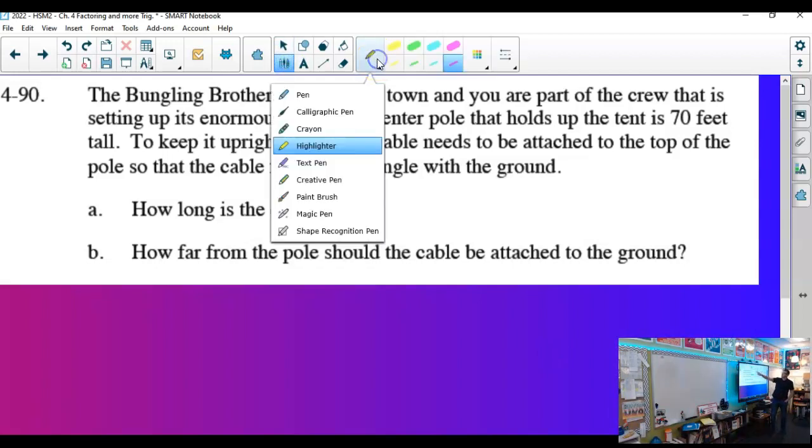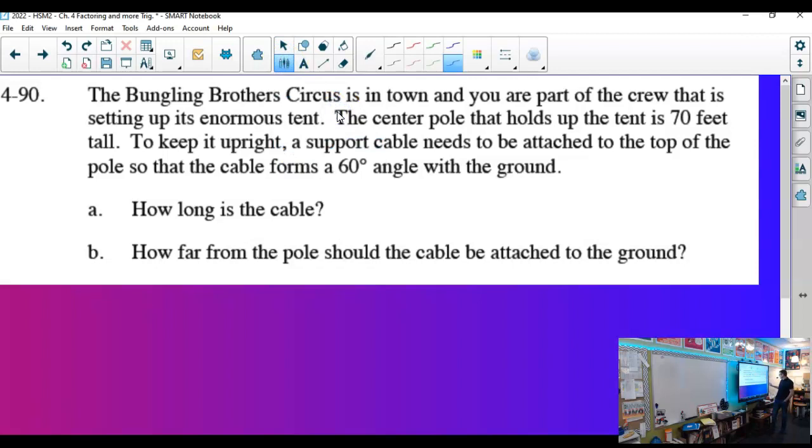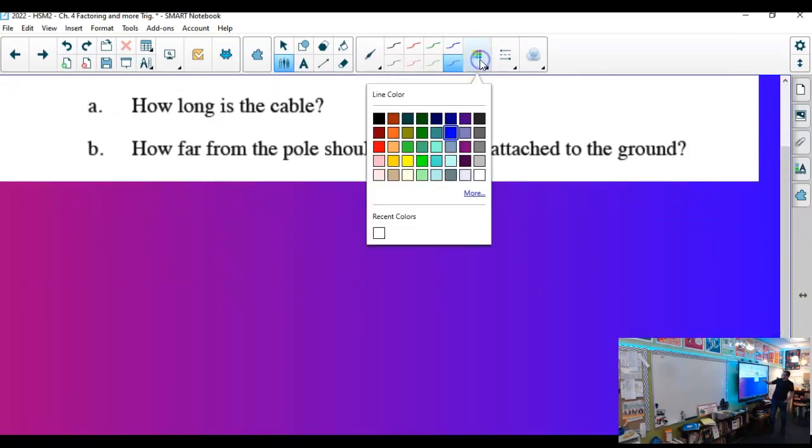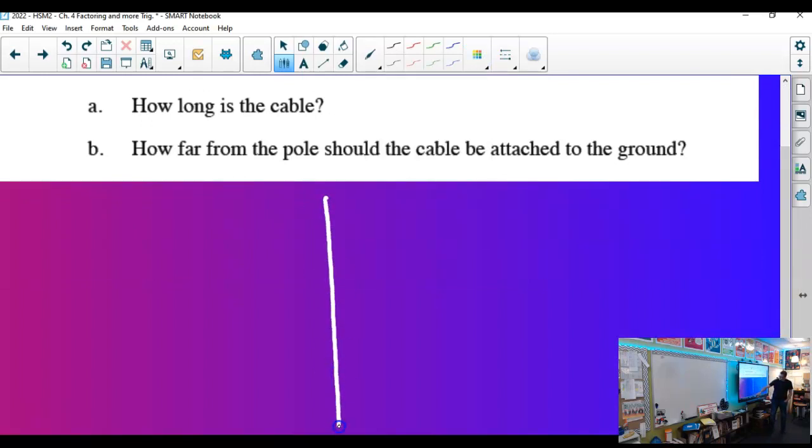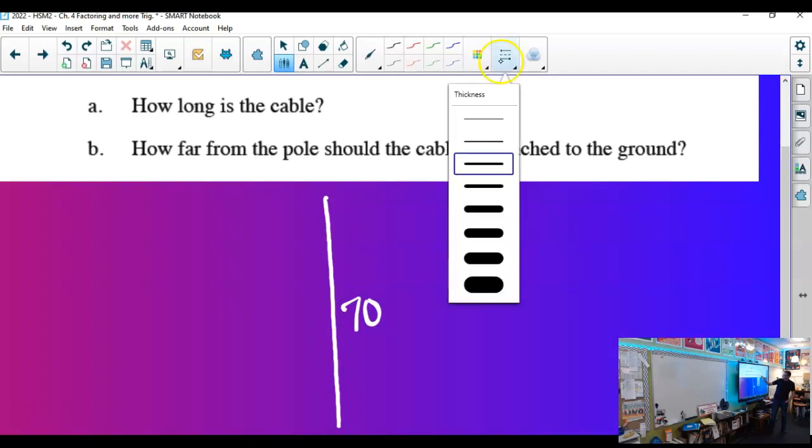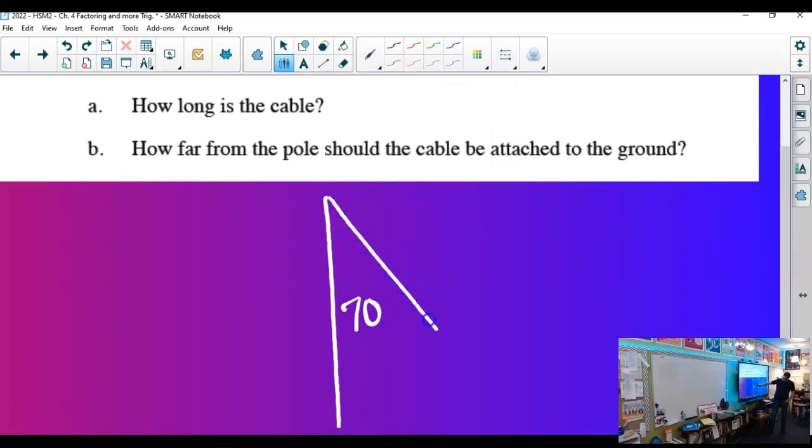When we go to draw this, we want to make sure that we really think critically. So 70 feet is our pole, and 60 degrees is at the base, right?